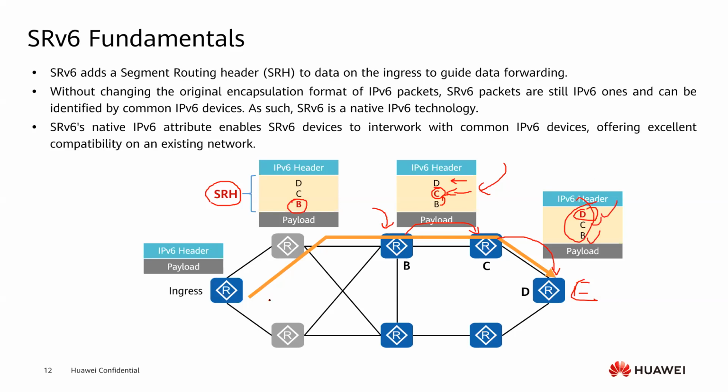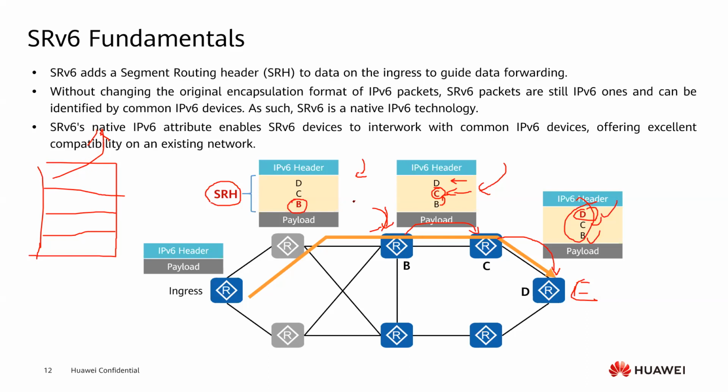For SR-MPLS, each time it reaches a certain point, they pop out the outer label. So with SR-MPLS, they cannot trace back where this traffic came from, how many hops, or which hops this traffic passed. But for SRv6, they can do it. I guess it is very clear.